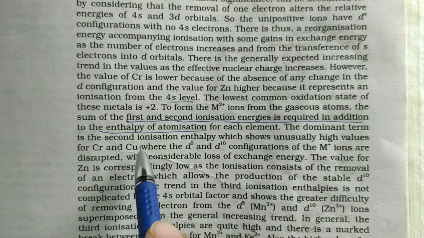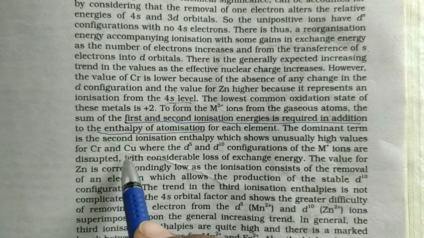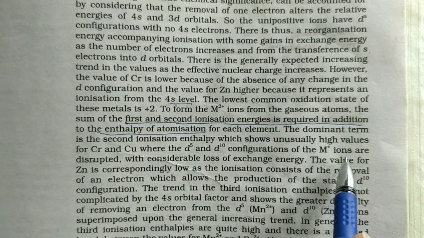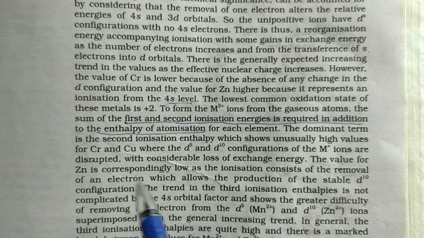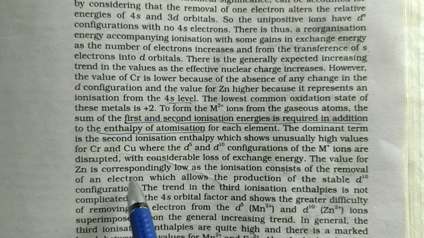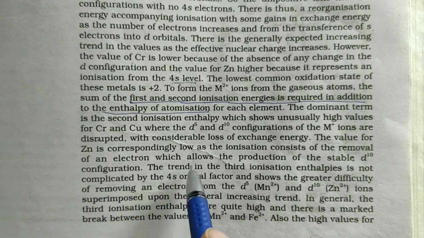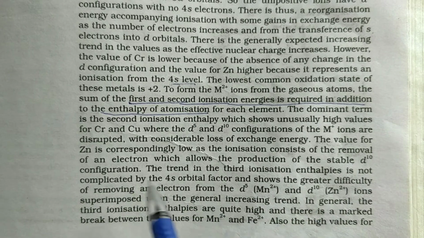The dominant term is the second ionization enthalpy, which shows unusually high values for chromium and copper because of electronic configuration. d5 and d10 configurations of the M+ ions are disrupted with considerable loss of exchange energy. The value for zinc is considerably low as the ionization consists of the removal of an electron, which allows the production of the stable d10 configuration.